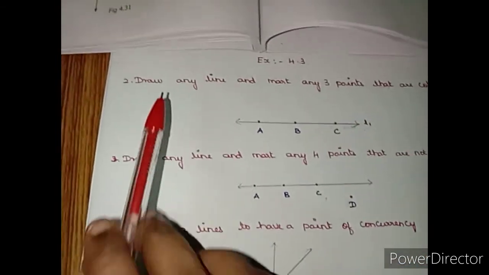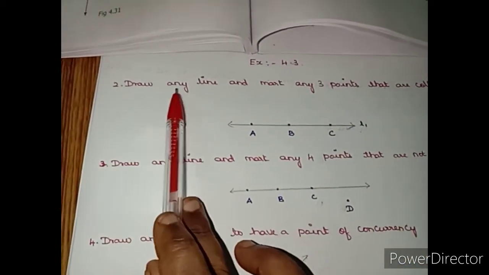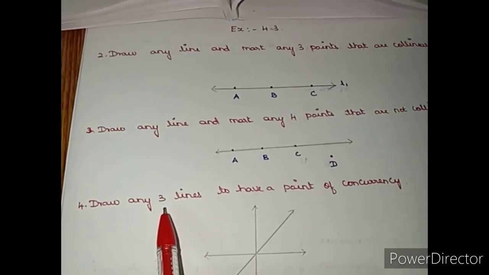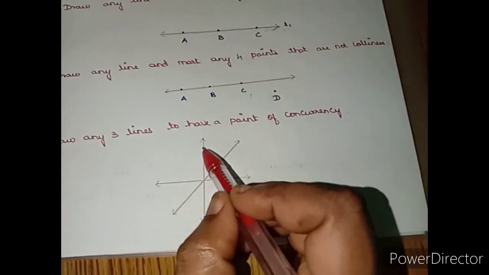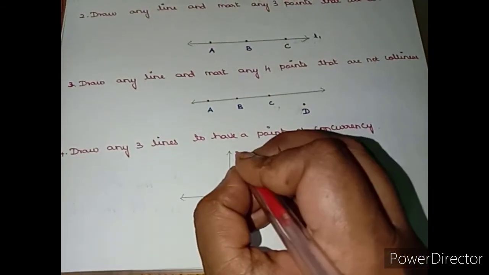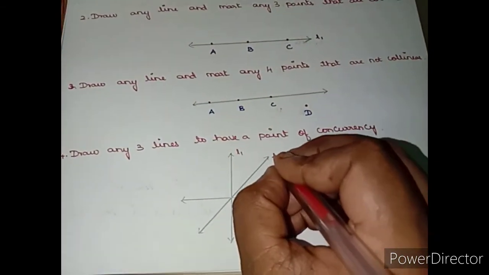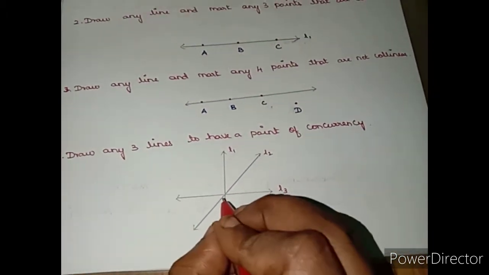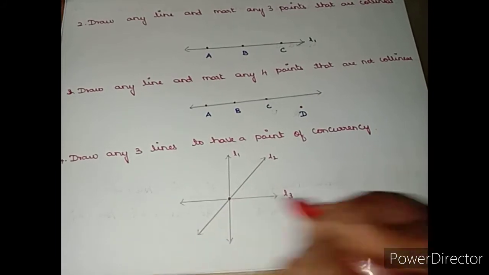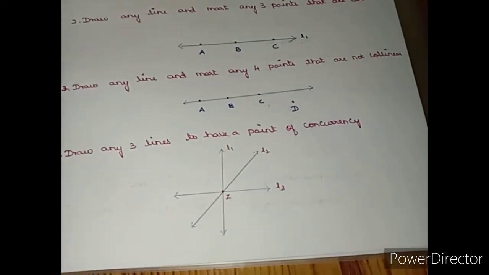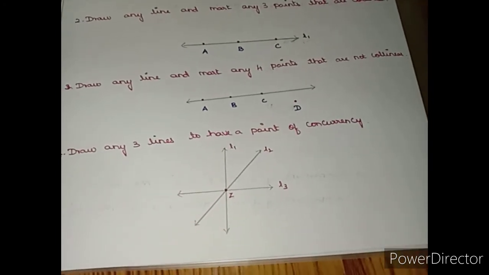From the question itself we can see they have given us 3 lines. Concurrency means we have to draw lines like this. So this is line 1, line 2, line 3. What is the point of concurrency? The point where they meet. We are keeping it as Z.